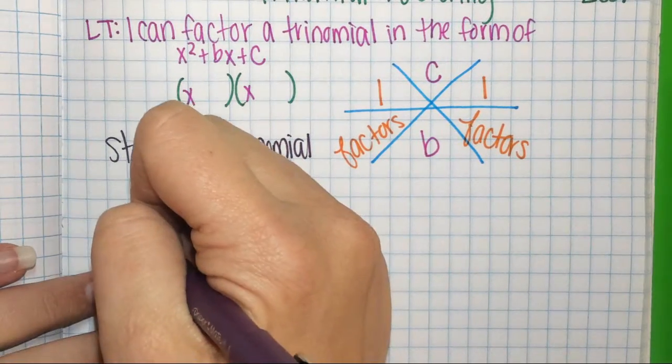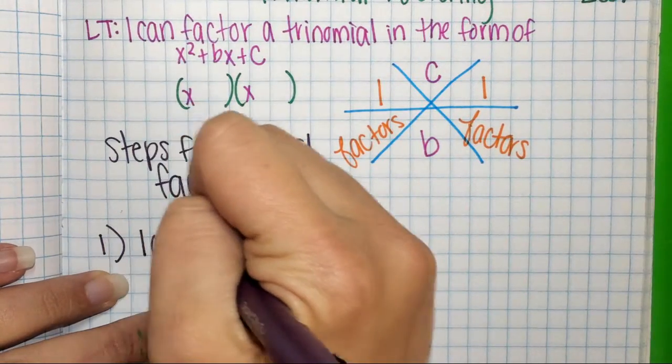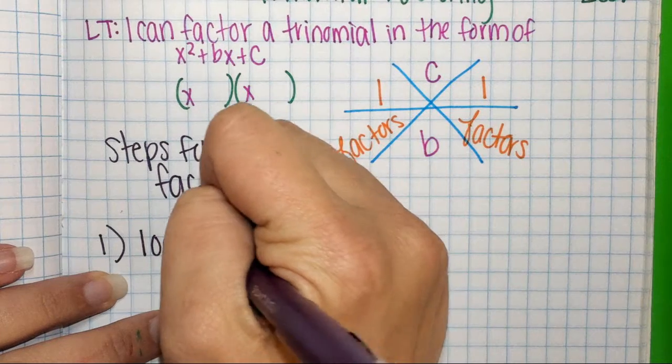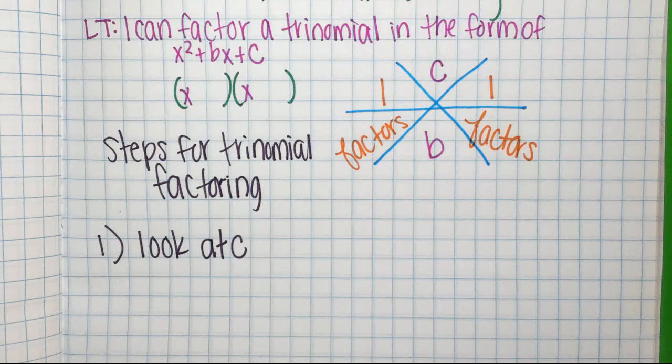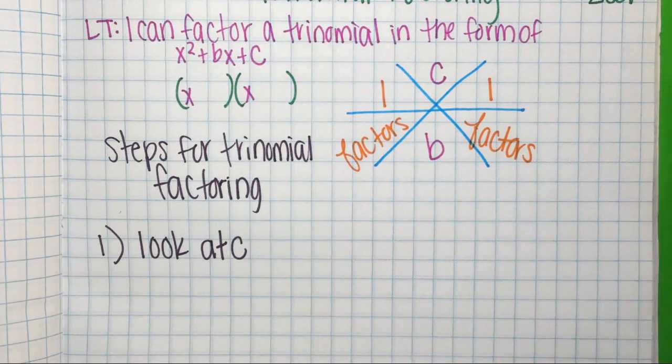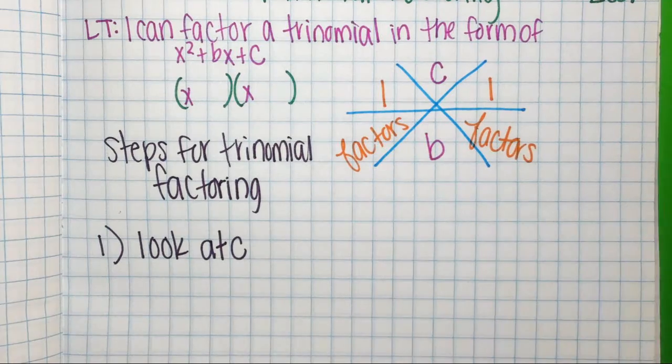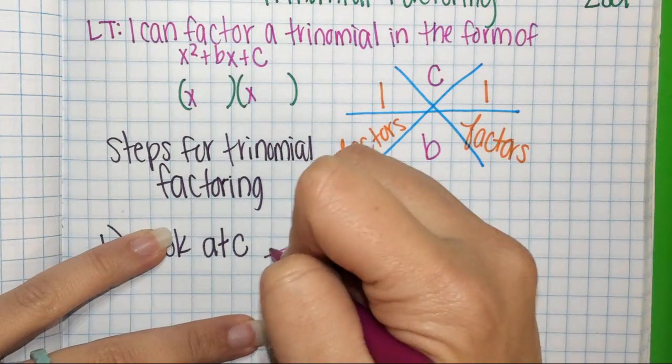Okay. Alright, so the first thing you do is you look at C. So you look at this number back here. And if C is positive, you follow this train.